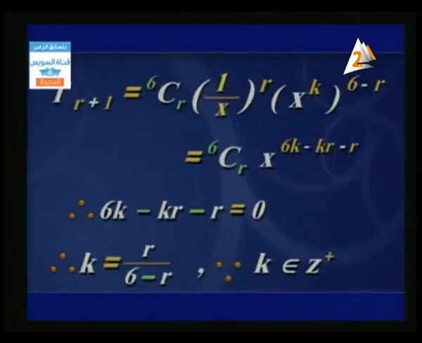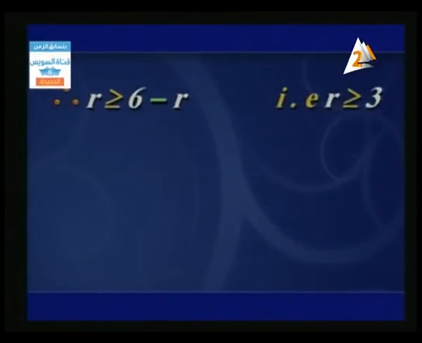Therefore, k equals r over (6 − r), and since k belongs to Z positive, therefore r is greater than or equal to 6 − r, which means r is greater than or equal to 3.